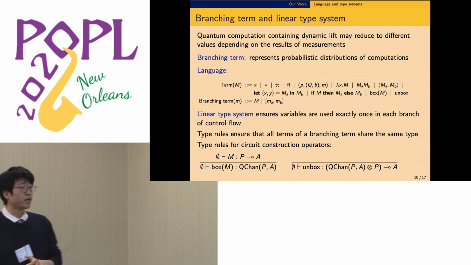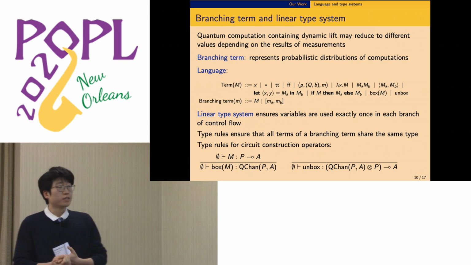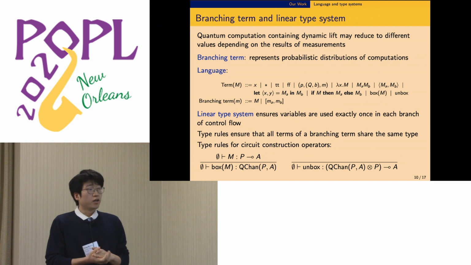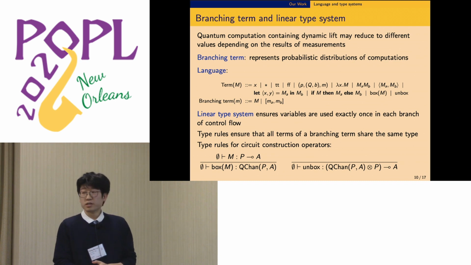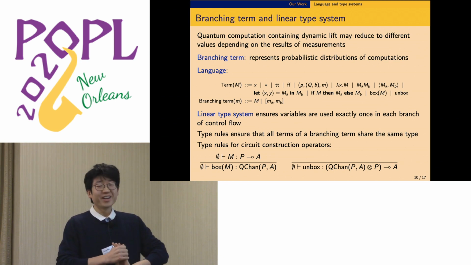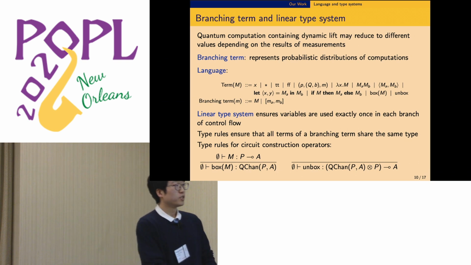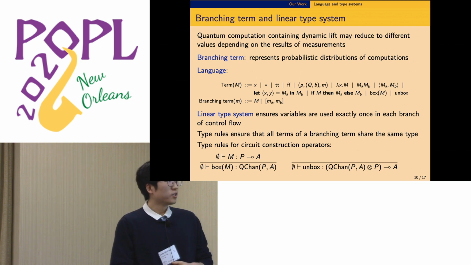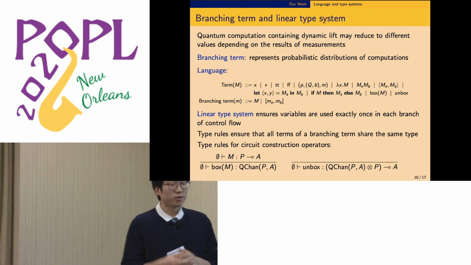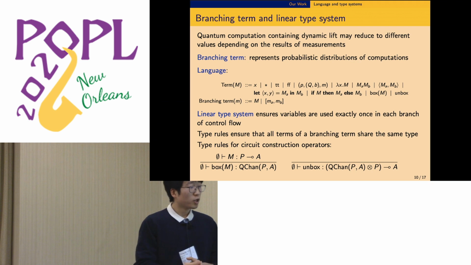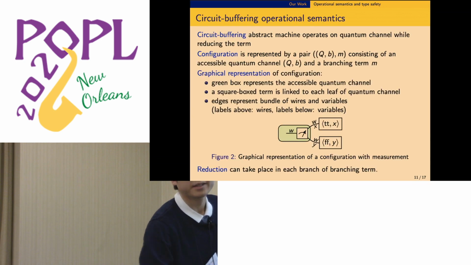And we define the linear type system, which means that we ensure that variables are used exactly once in each branch of control flow. And the typing rules ensure that the terms in the branching term share the same type. And here are two examples of typing rules regarding the circuit operators.